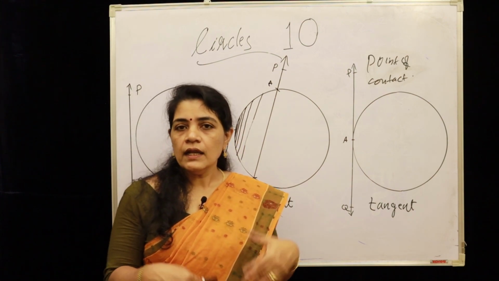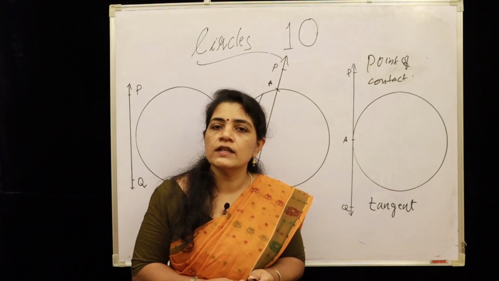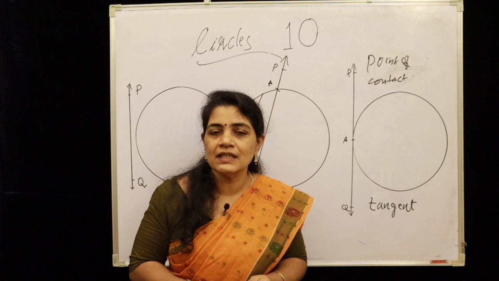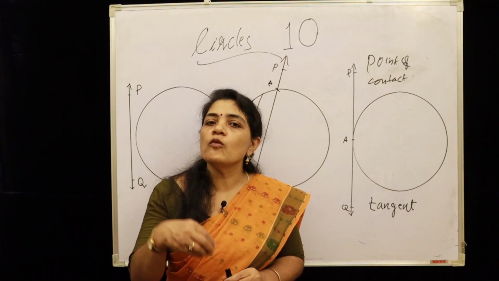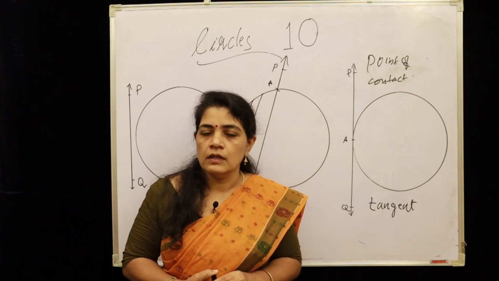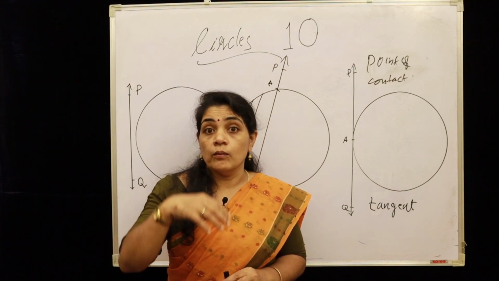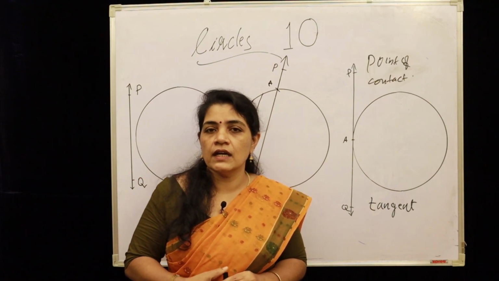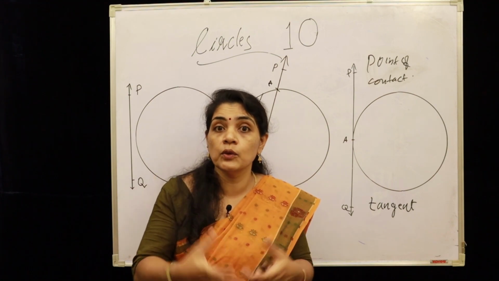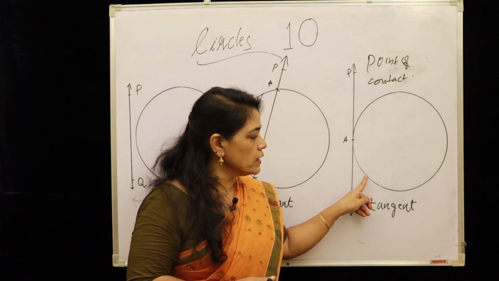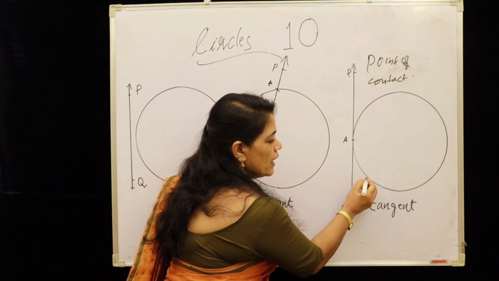Now another point: how many tangents can we draw for a circle? Don't confuse the tangent and the secant. Since in the beginning I told you a circle is a collection of infinitely many points in a plane which are at a constant distance from a fixed point, we can draw infinitely many tangents, one at each point.